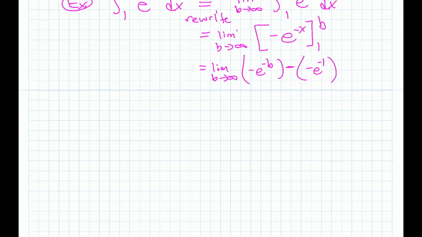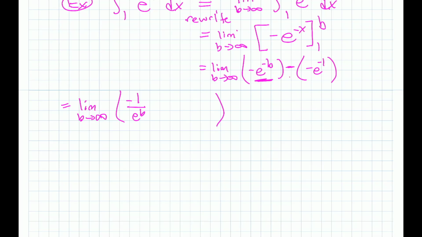Okay? I'll move over here. I'm not going to take the limit quite yet. Negative e to the negative b is negative 1 over e to the b, right? A negative exponent is a positive exponent in the denominator.